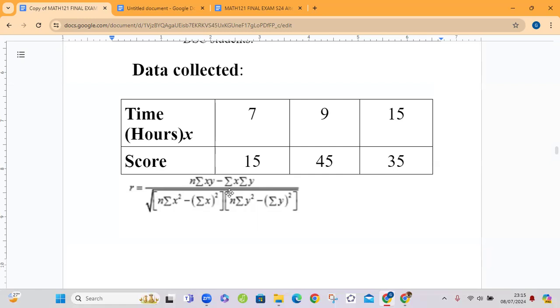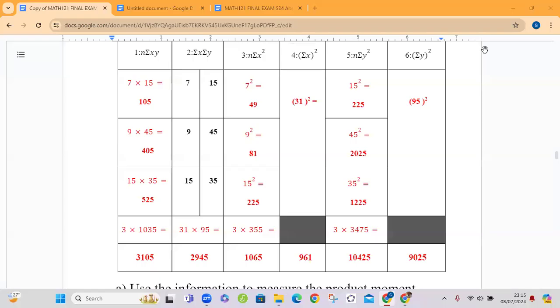So let's look at the table that will break down this formula to measure the correlation using these data values that were collected. So now would be a good time to take out your pencil, your calculator, and your paper and to go through this table with the video.